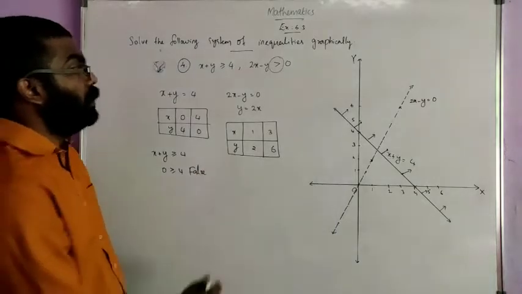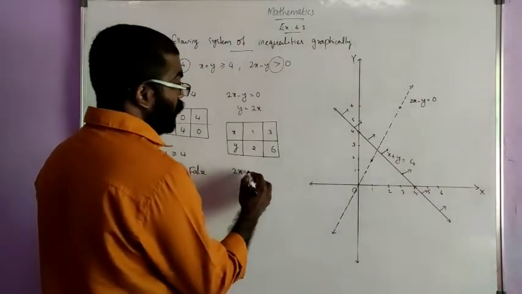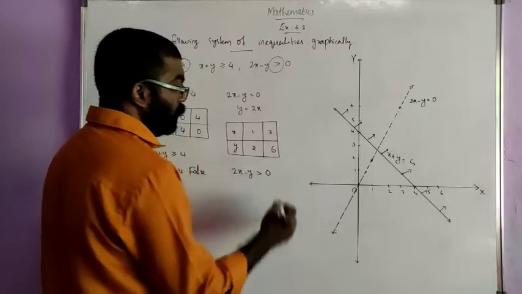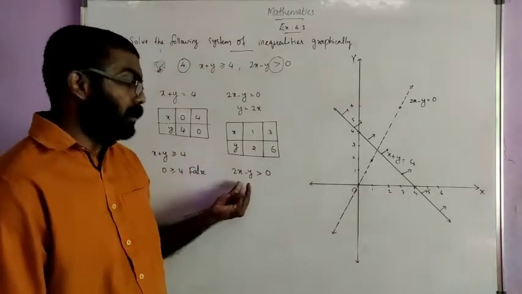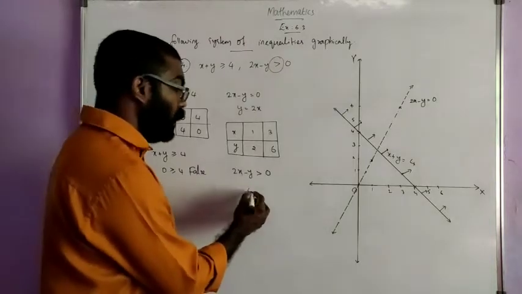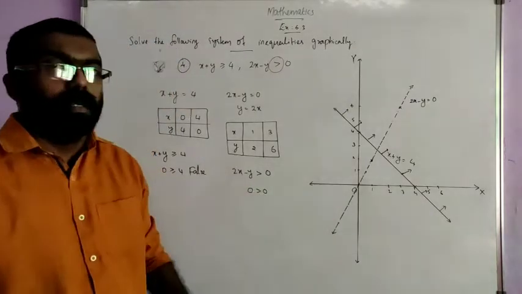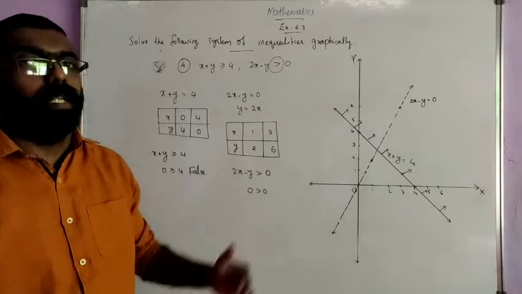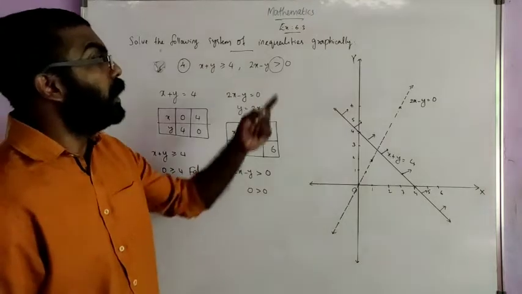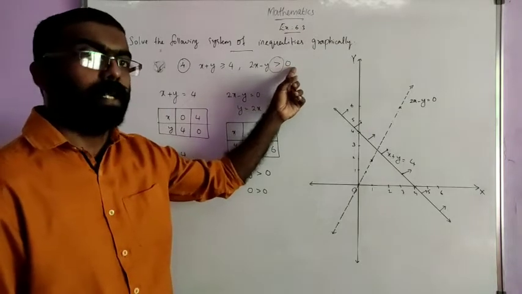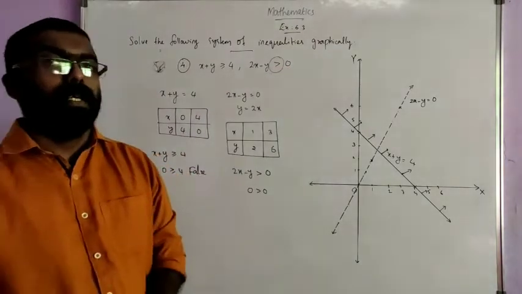And for the second one, 2x minus y greater than 0. So here the problem is, if we put 0, 0, we get 0 is greater than 0. We cannot check 0, 0 in these type of situations, the situation in which the right hand side of the inequality is 0.